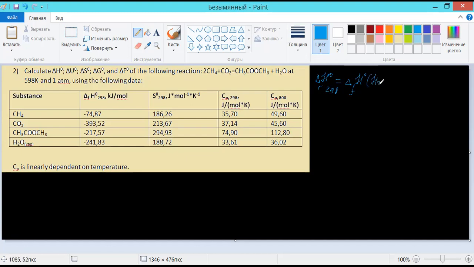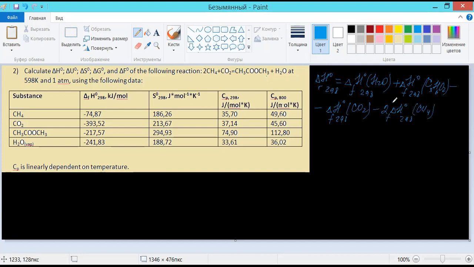That means H2O enthalpy of formation at 298 plus that of this substance, C3H6O2, minus the enthalpy of formation of carbon dioxide minus double the enthalpy of formation of methane.